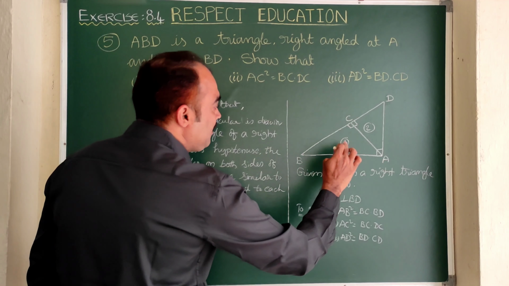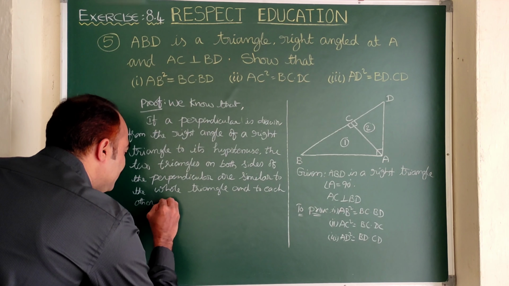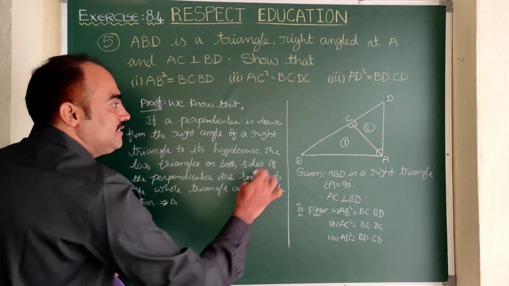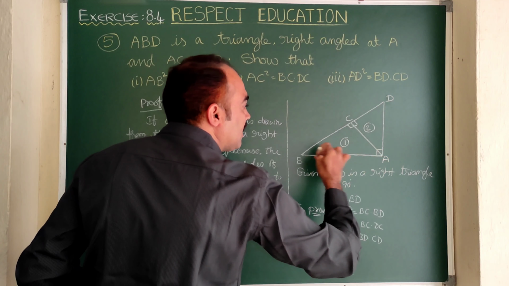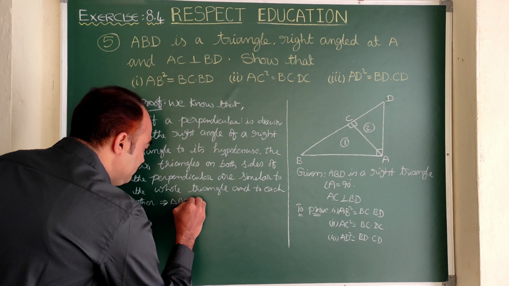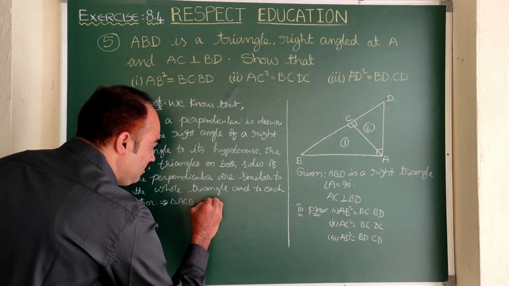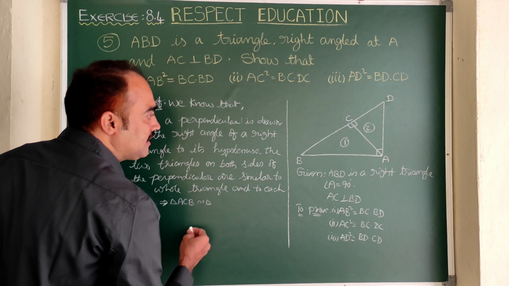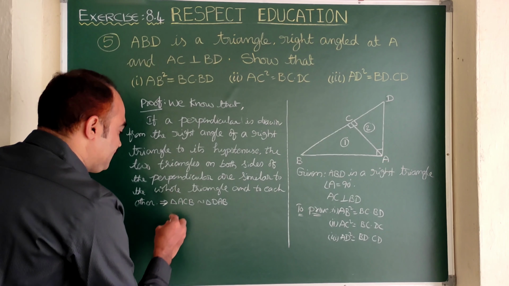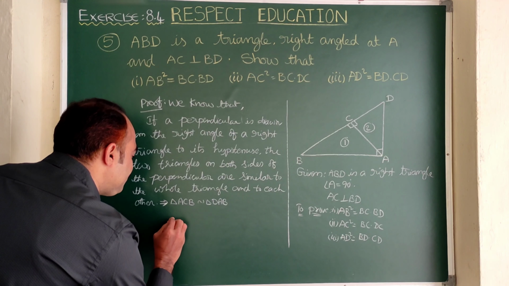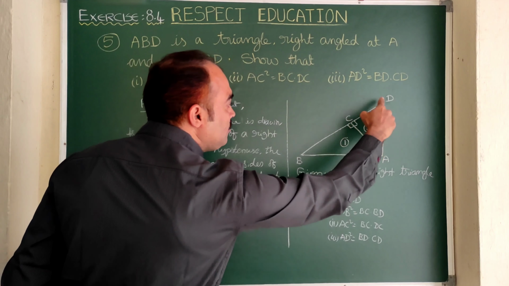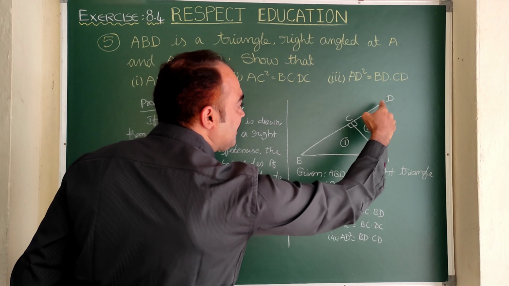So here the first condition is that the first triangle is similar to the whole triangle. So triangle ACB is similar to the whole triangle DAB. This is the first one. And the second one, the second triangle to the whole triangle, we can take it as DCA.